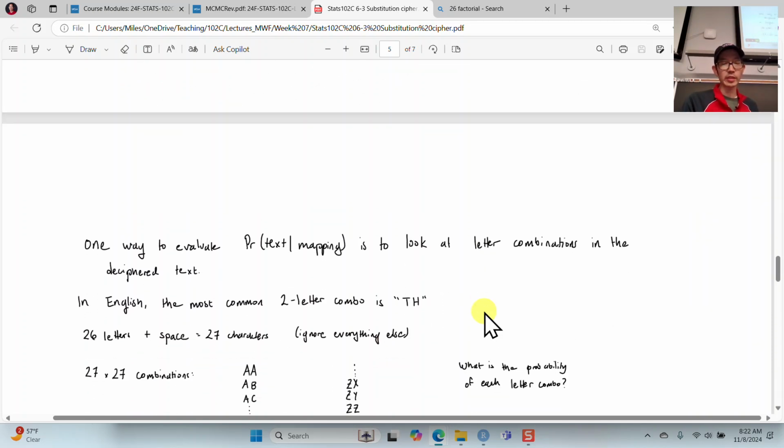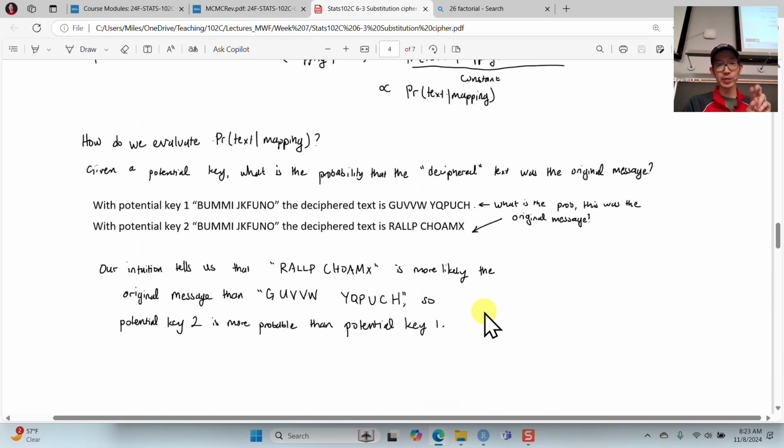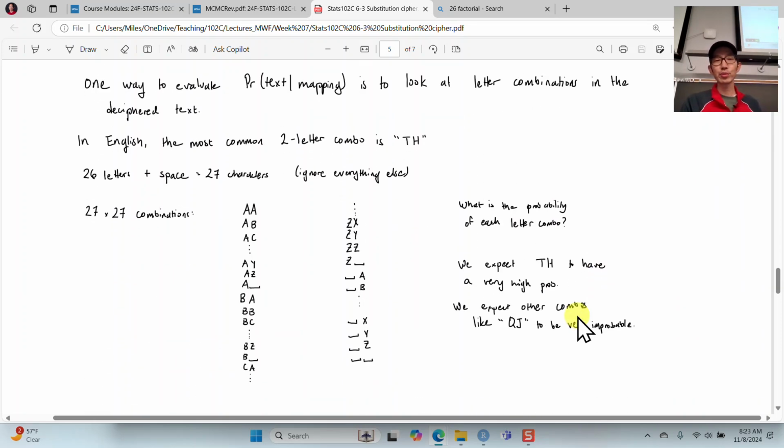One thing that we're going to use to evaluate this is we're going to look at all of the letter combinations, okay? So we're going to look at every 2-letter sequence, and we're going to ask, what is the probability of that particular 2-letter sequence? So we'll have 26 letters plus a space, okay?